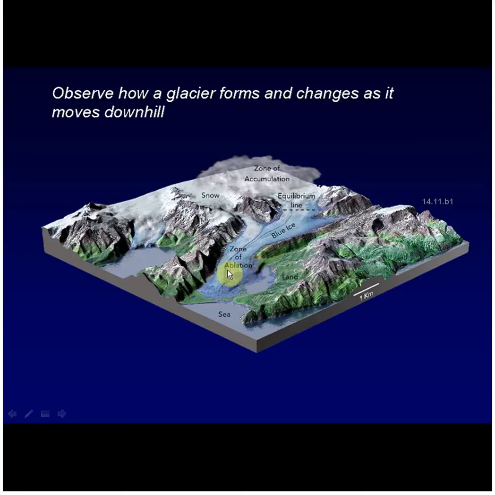It's being ablated and it's losing mass in the lower parts of the glacial system, and the equilibrium line is where these masses are balanced. So this is where the mass of the zone of accumulation and the mass of the zone of ablation are equal at the equilibrium line here.